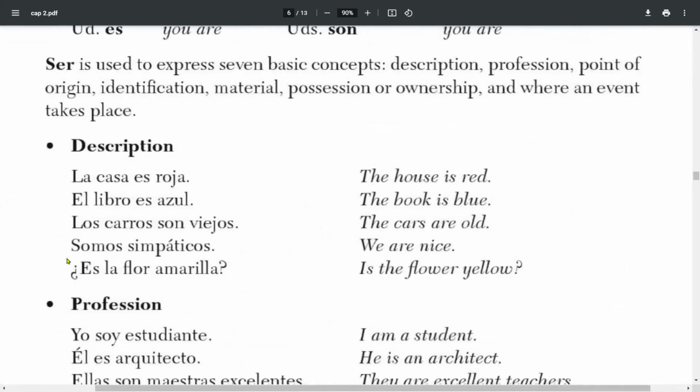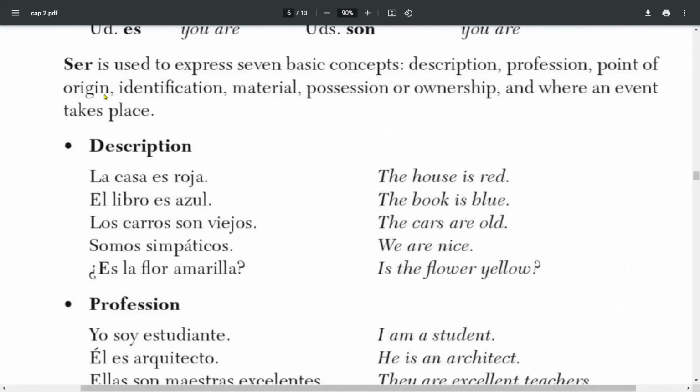So these are the uses of the verb ser, used to express 7 basic concepts: description, profession, point of origin, identification. Remember, identification has different, let's say, branches, so to speak. Material, possession or ownership, and where an event takes place.